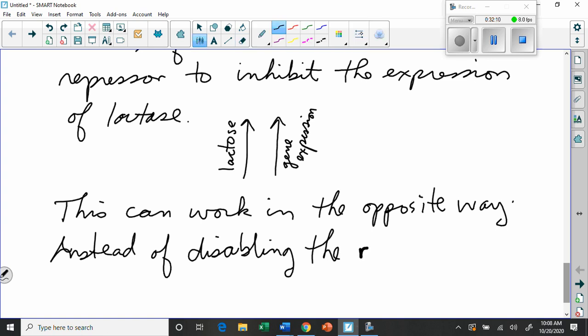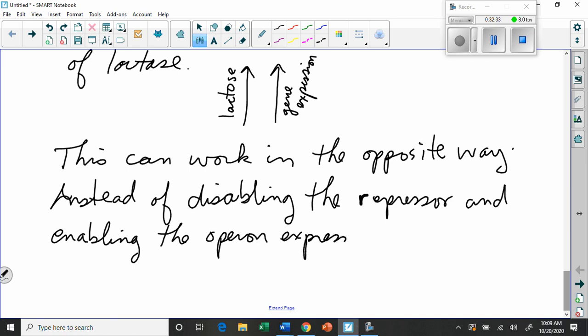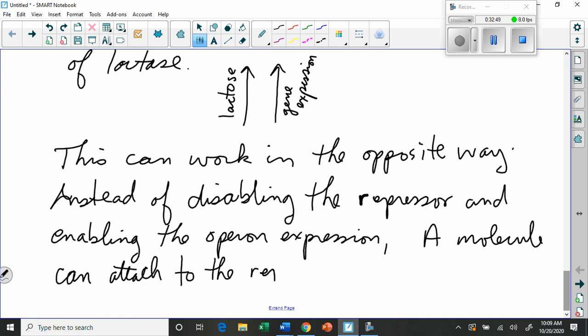Instead of disabling the repressor and enabling the gene expression, the operon expression, a molecule can attach to the repressor and activate it. Change its shape so that it can bind.